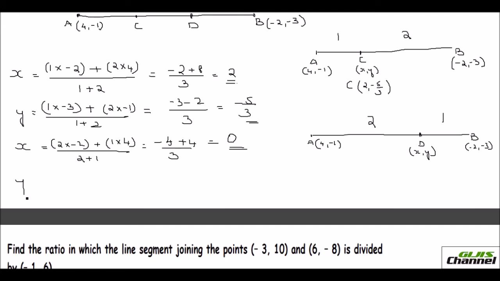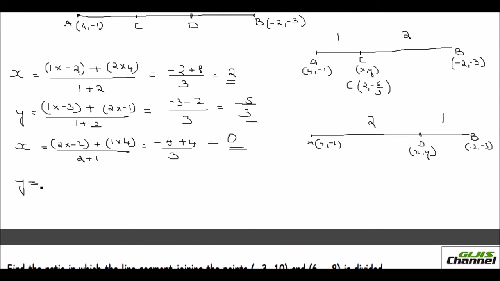Now your y would be, this is for D, and previously we did it for C. Now your y will be l, which is 2, times y2, which is -3, plus m, which is 1, times -1, over 2 plus 1.